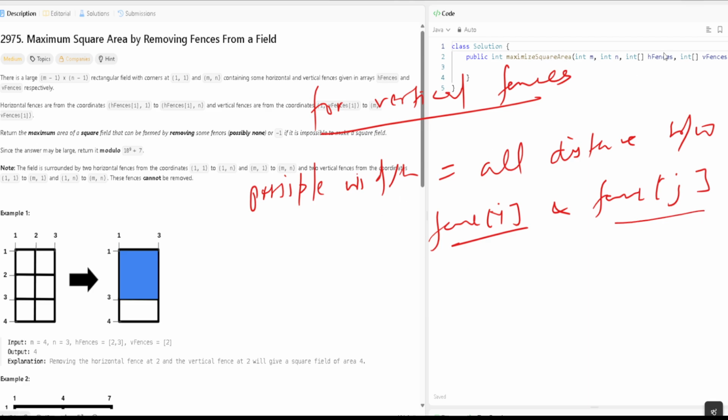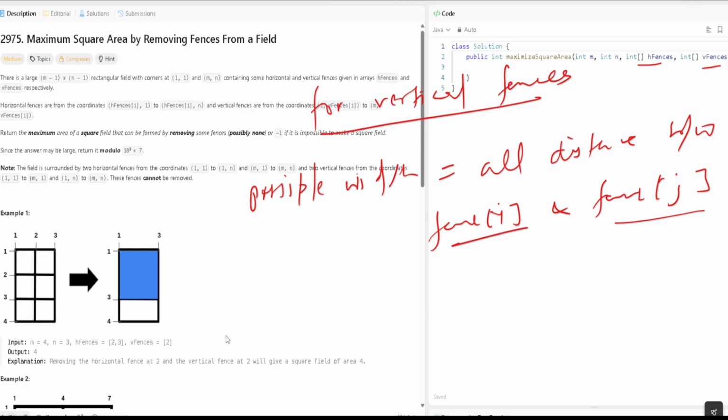If we are given the fence at i and the fence at j, we can find the width. We have already been given the horizontal fences and vertical fences, so we can easily find the possible widths, and similarly we will find the possible heights.